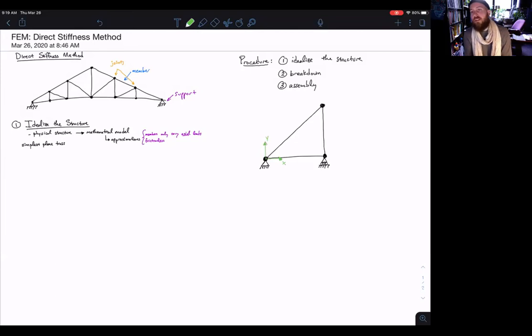And what will become important later is that x and y are the global coordinate system. So that means this is the coordinate system of the structure. This is the coordinate system that we describe where the structure lives.